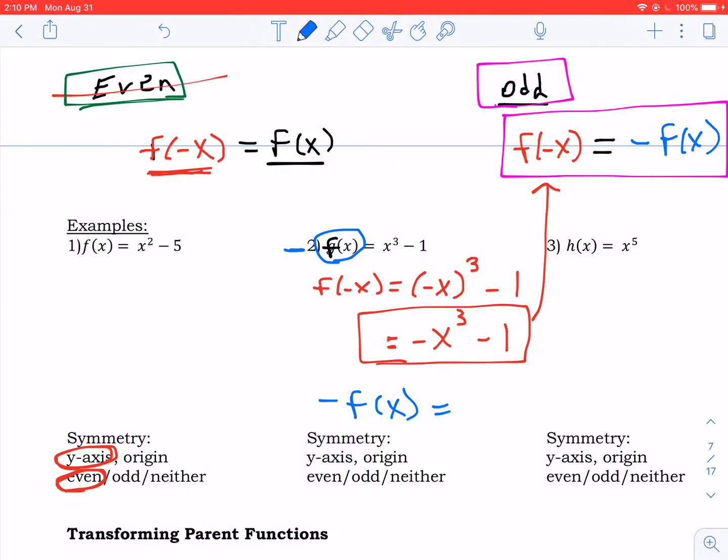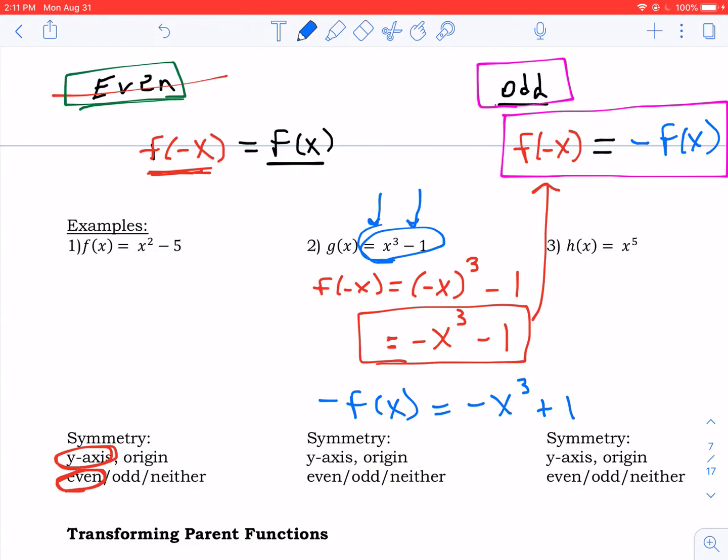Well, to find negative f of x, you're just going to multiply f of x by negative 1. Or, in layman's terms, we're going to switch the sign of everything in f of x. So it's not positive x cubed minus 1 like it is normally. Negative f of x would be negative x cubed plus 1.